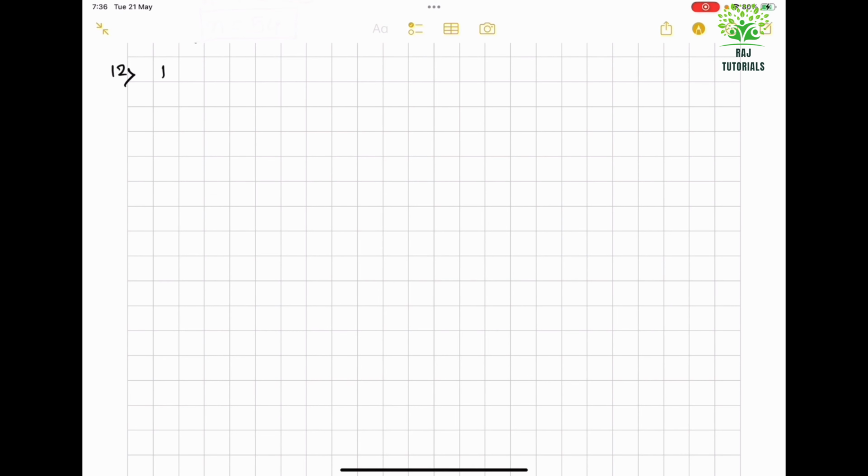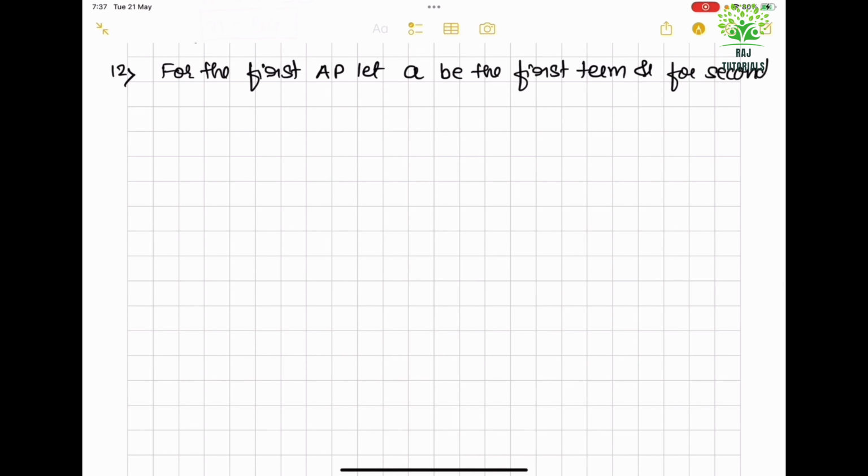So for the first AP, let a be the first term and for second AP, first term be a dash.